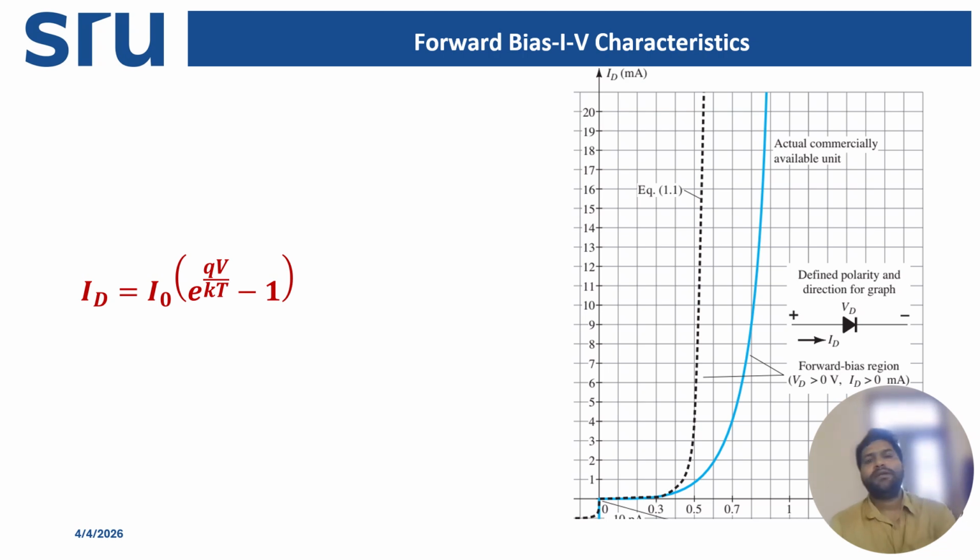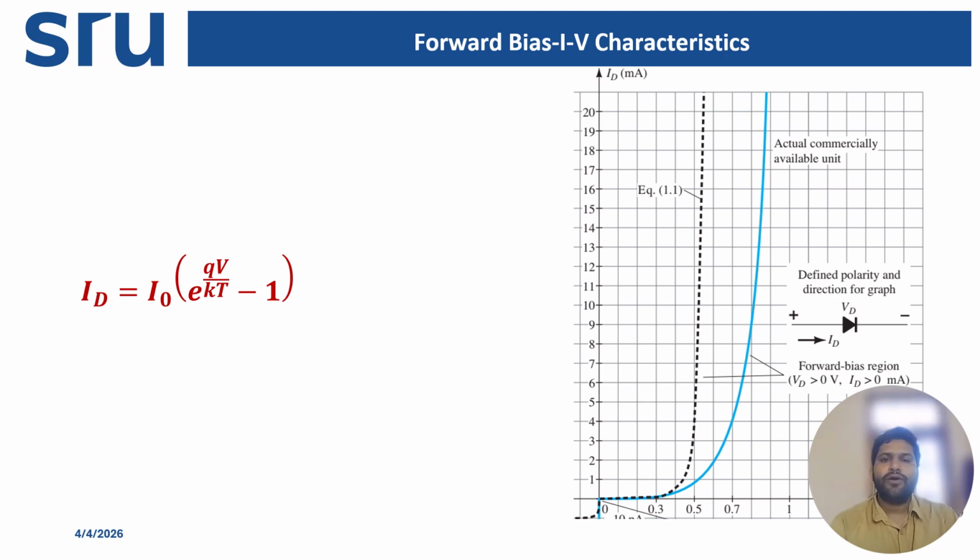The reason for the rapid rise in current: beyond this threshold voltage, a small increase in voltage causes a large increase in current, because, as we can see in the diode current equation, it increases exponentially. This happens because the depletion region becomes very thin.